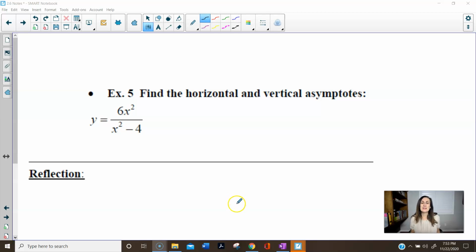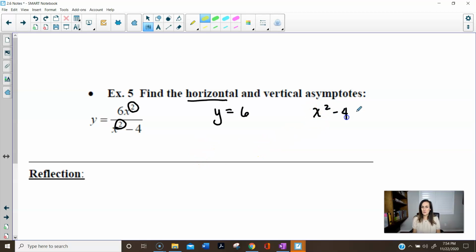Last example, we're going to find the horizontal and the vertical asymptotes. So you can see here that we have a square and a square, which is same co. So the horizontal asymptote is going to be y equals, and you look at the coefficients. So 6/1 is 6. The vertical asymptote is you simply take x squared subtract 4 and you set it equal to 0.